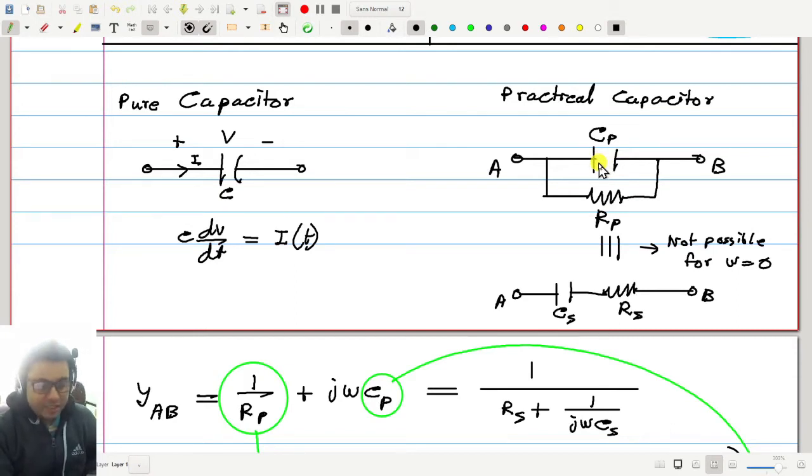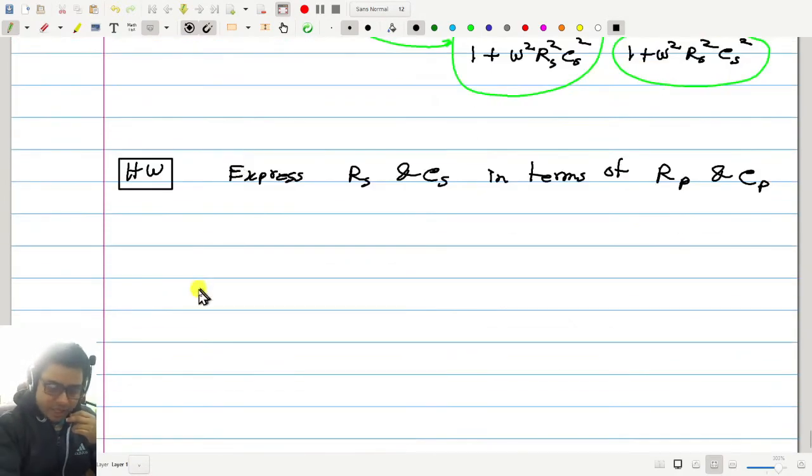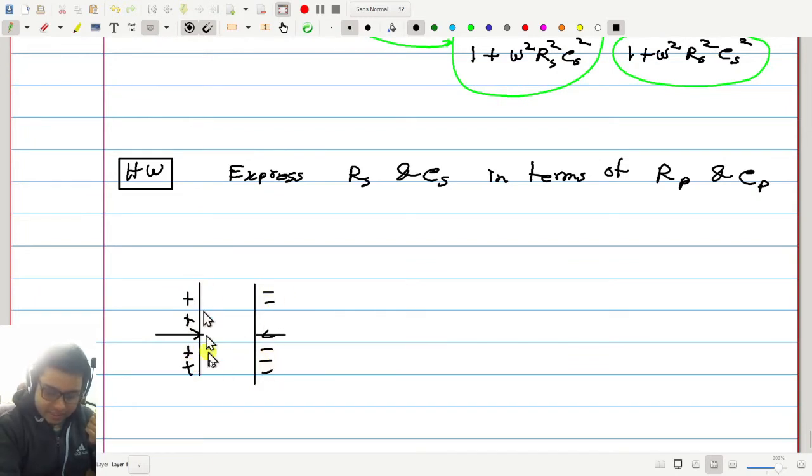In fact, there may be other types of losses in a capacitor when dealing with AC. For example, we have a capacitor and some insulation material, and when you apply voltage, say plus this side, minus this side, then this material inside will get polarized.